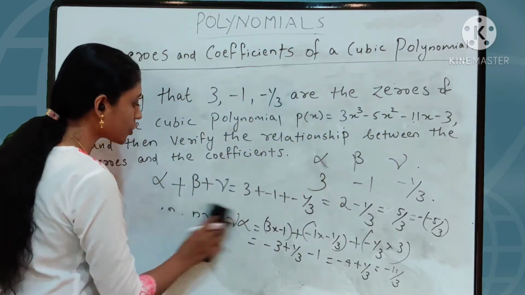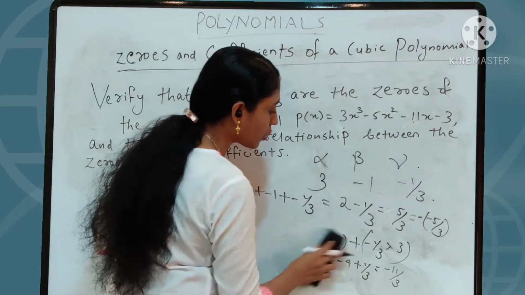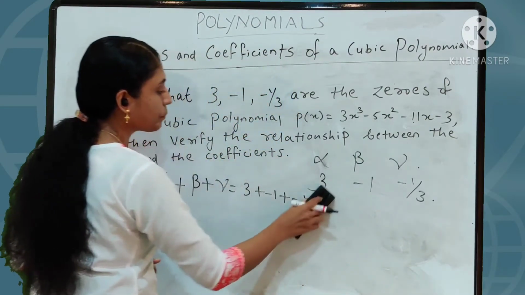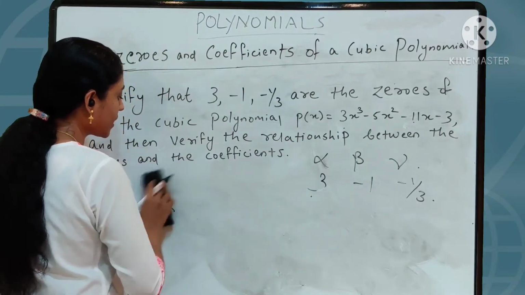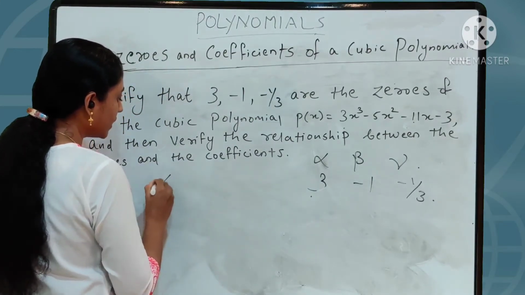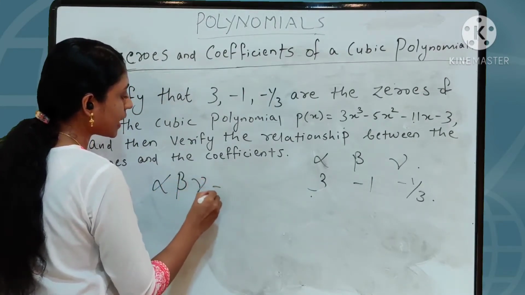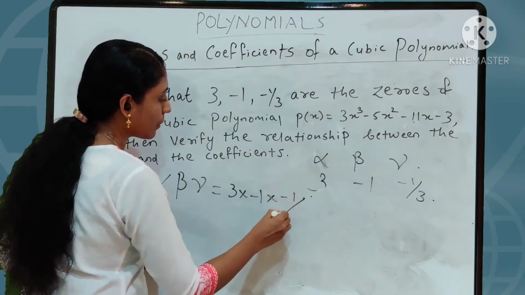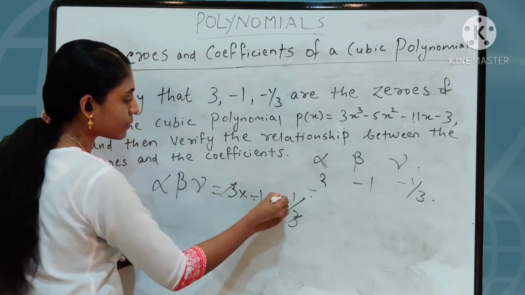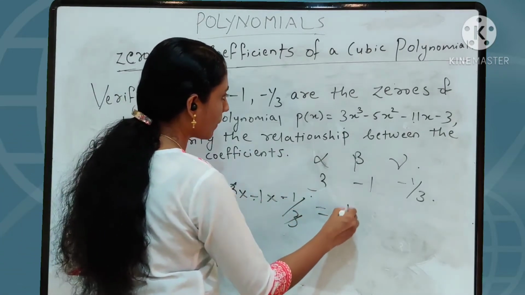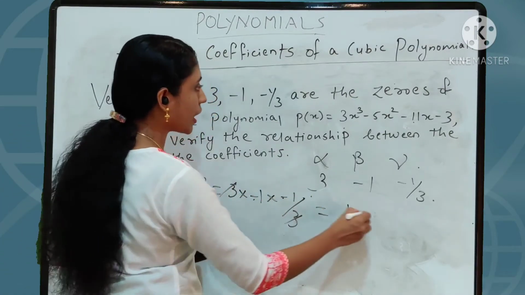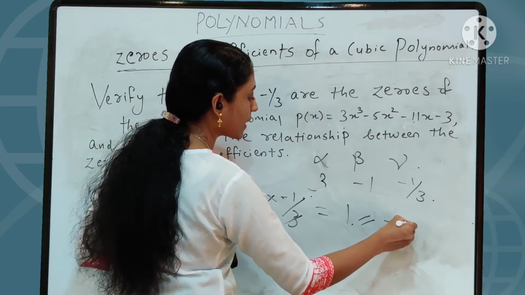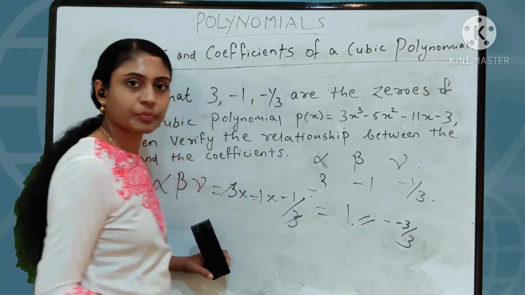And what about the product of the zeros? How to find the product of the zeros of a cubic polynomial? Which formula? Alpha, beta, gamma, right? Multiplying these three zeros, alpha beta gamma is equal to 3 into minus 1 into minus 1 by 3. 3 gets cancelled. Minus minus becomes plus. So plus 1, which can be written as negative of minus 3 by 3.